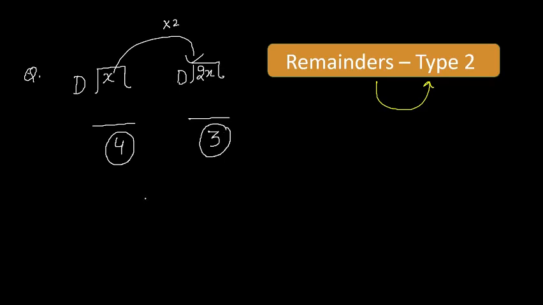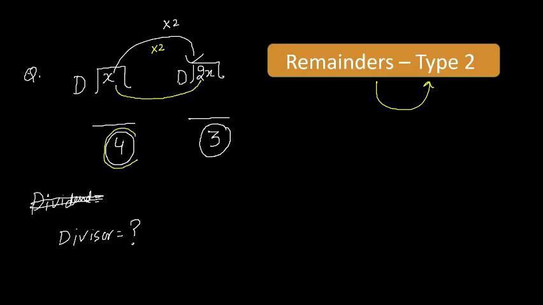You will get a similar question, but in this question he will ask you to find the divisor. Question will be the same. He is making this number double. Here it is 4 and here it is 3, but find the divisor.